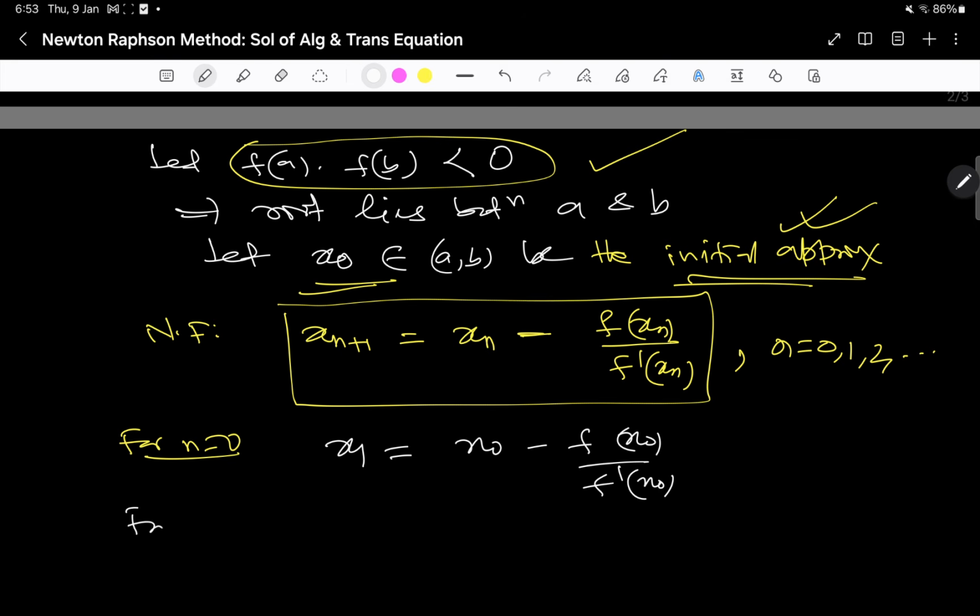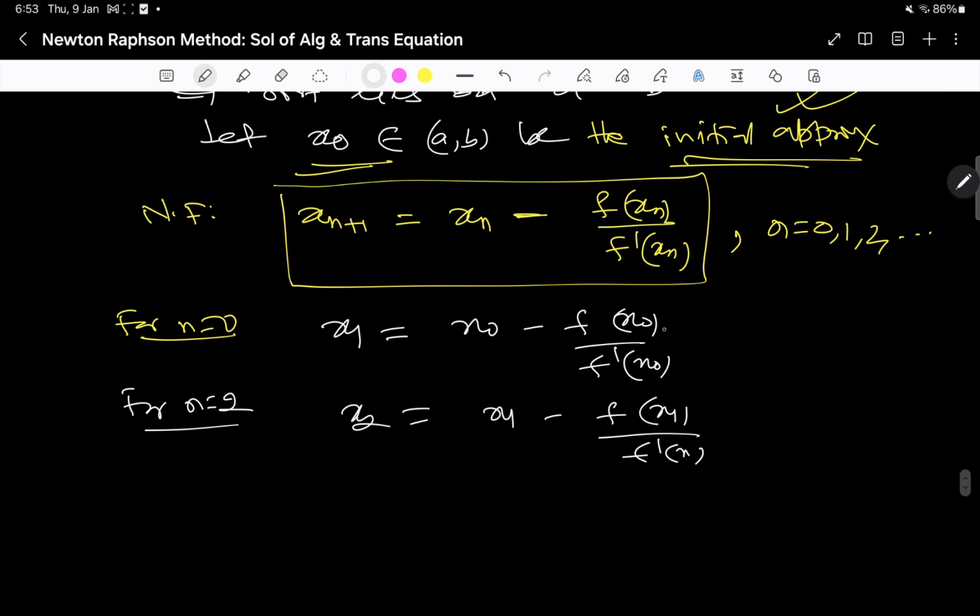For n equal to 1, x2 will be x1 minus f x1 by f dash x1. That means you see here, we need to find f x and we need to find f dash x, so two functional values we need, right?